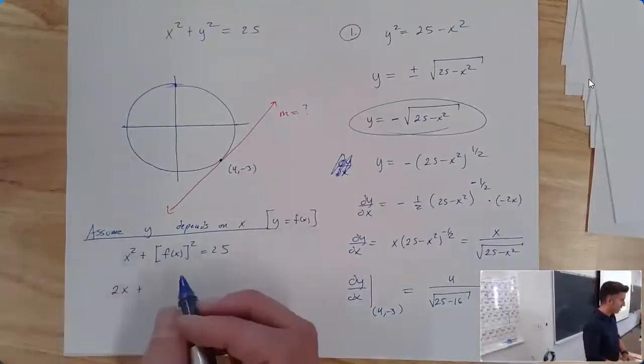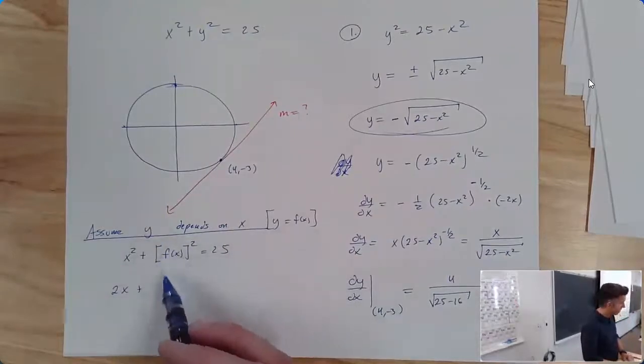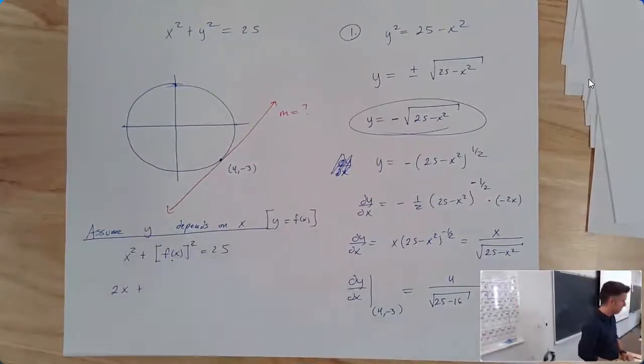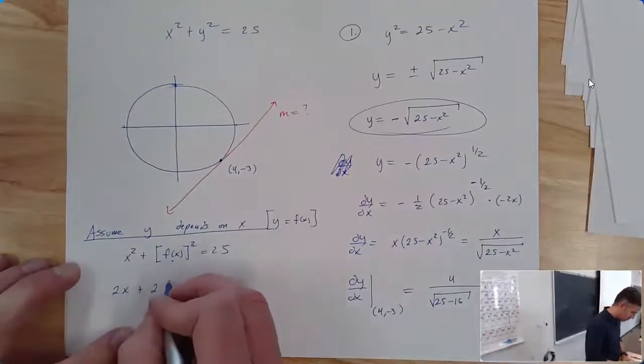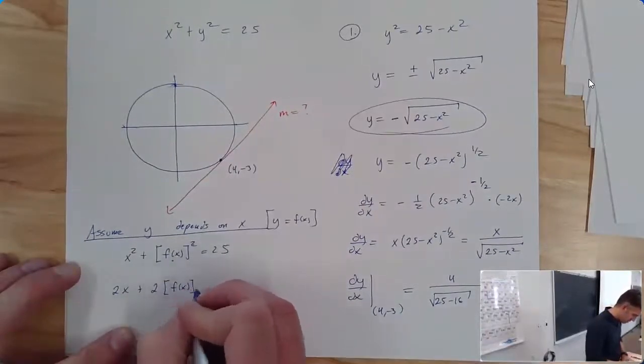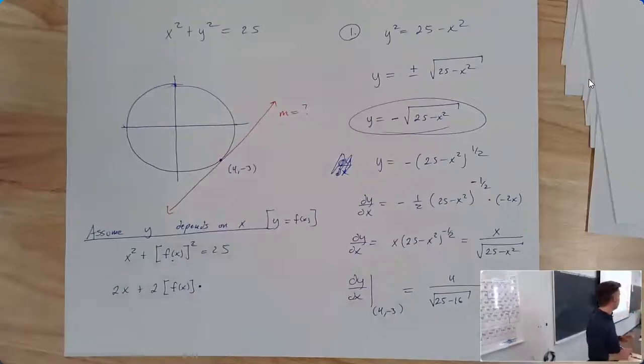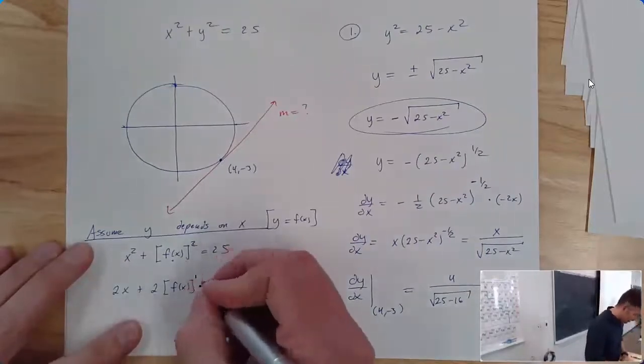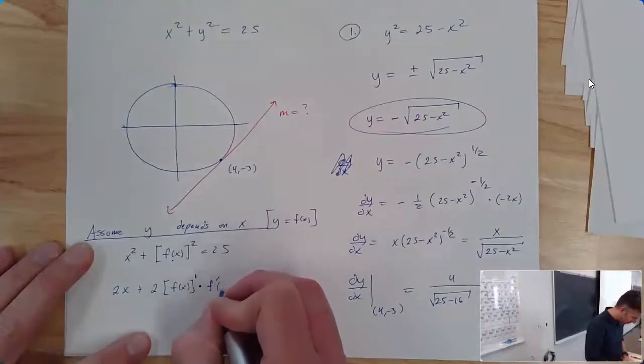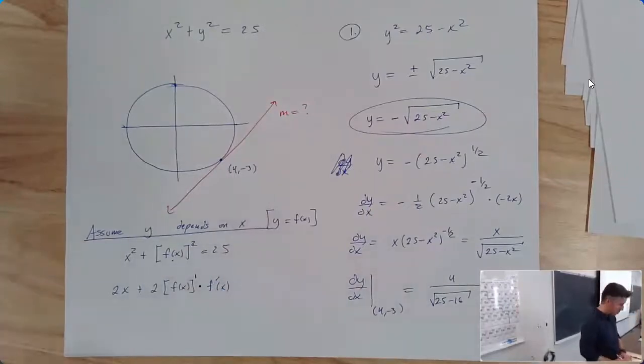This is why we talked about the chain rule. What's the derivative of some stuff squared? Right. And actually, I want to be super clear. 2 times my stuff to the first, because I want you to make sure that if your power is higher, you recognize the new power should be 1 less. So 2 times my stuff to the first, and then yes, times the derivative of my stuff equal to 0, the derivative of the other side.